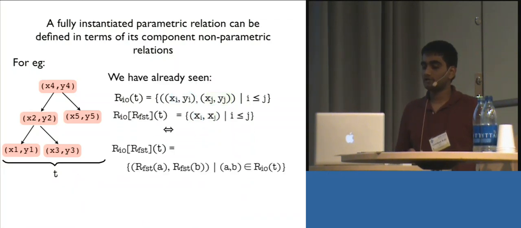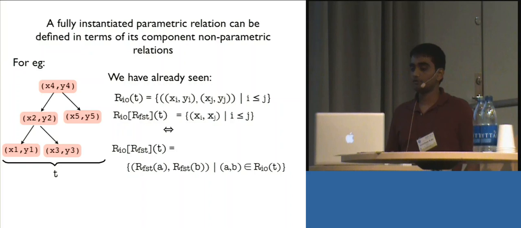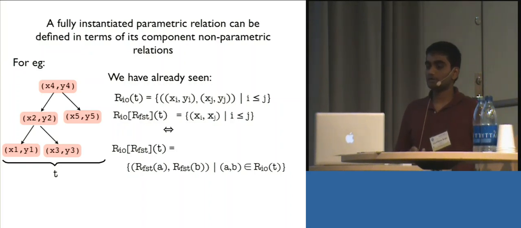In other words, we can define the parametric RIO RFST relation in terms of RFST and RIO as a set of pairs RFST A and RFST B, such that A, B belong to RIO of T, where RIO is the non-parametric in-order relation.